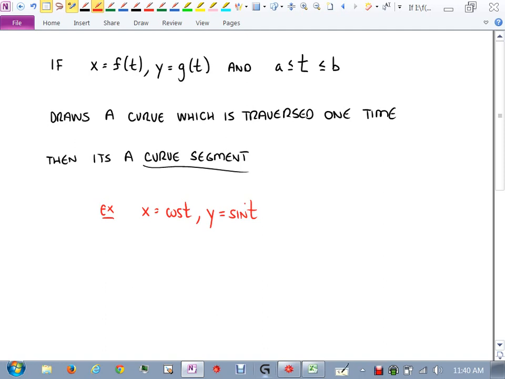So if I restrict t to be, let's say, between 0 and pi instead, now I'm going to draw the top half of the unit circle. So I've drawn a curved segment. This will become important in a little bit when we talk about how you find areas, although I don't even know if I'm going to have time.